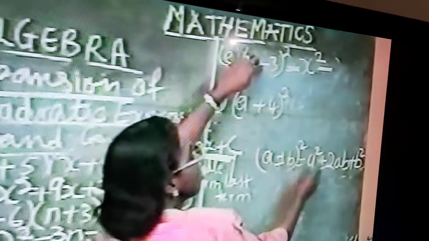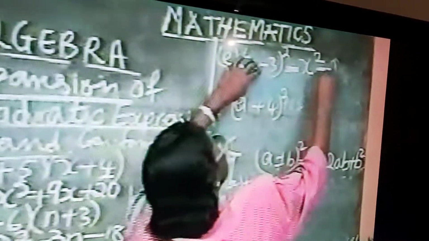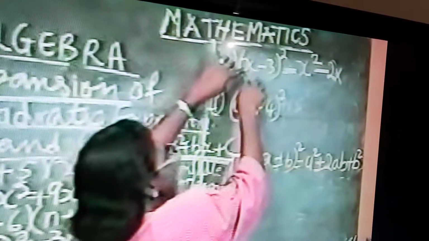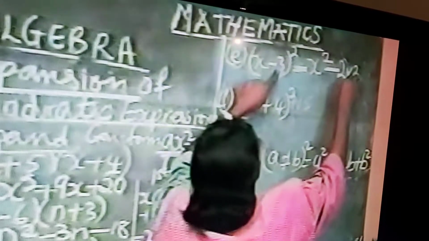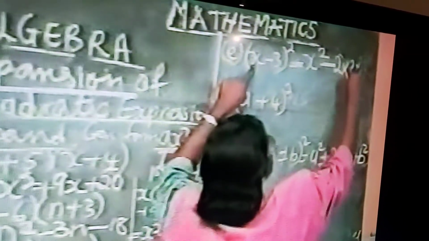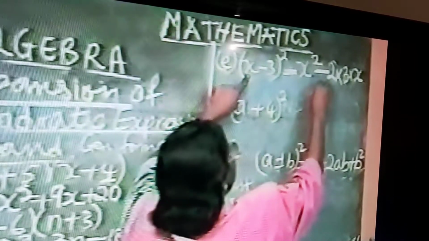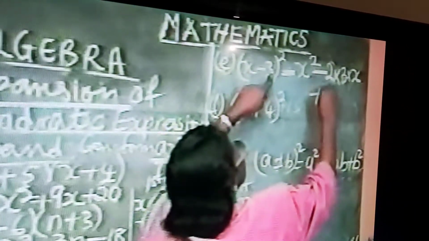If you have plus, you get plus. If you have minus, you get minus. There is going to be 2 times the 2 terms in the bracket. 2 times x times 3. So it's going to be 2 times 3 times x to get the middle term. And finally, you have plus 3 squared, which is 9.